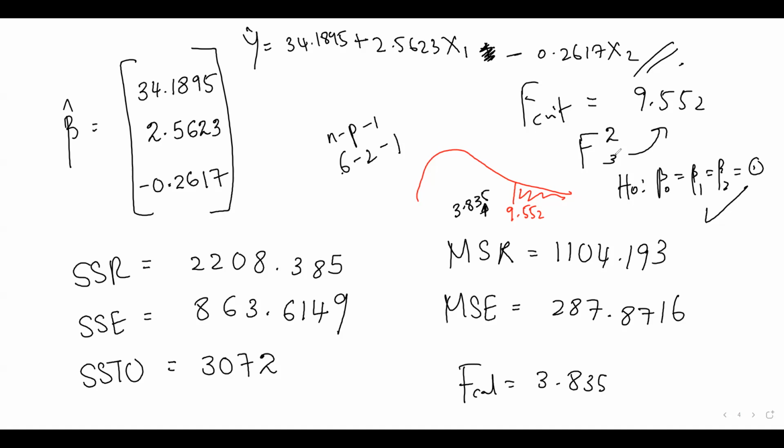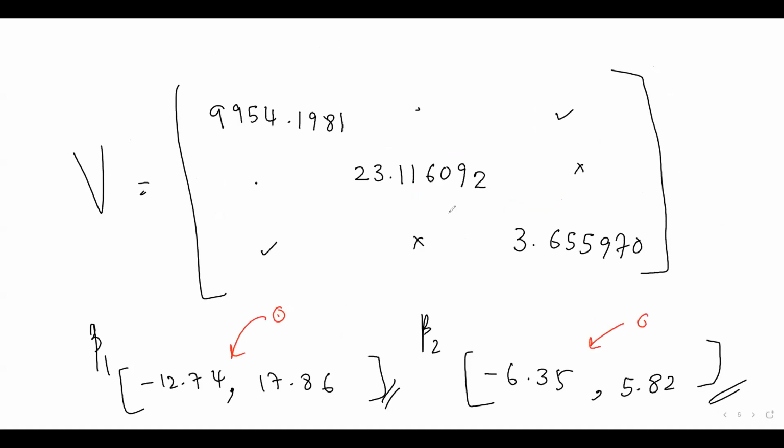If you do individual t-test by using these, the estimated value divided by the square root of that, again you will be getting that beta 1 is not significant, beta 2 is not significant, right? Even without the t-test, just by constructing the confidence intervals, you could see none of these are significant, right?